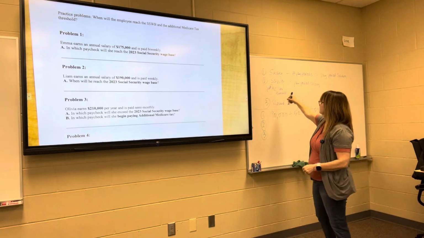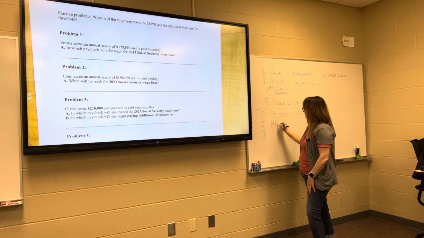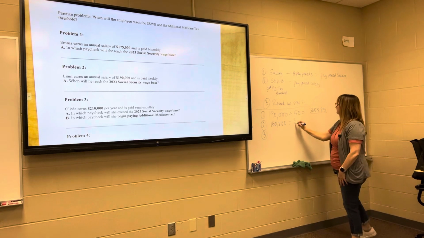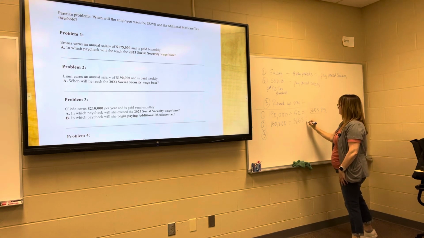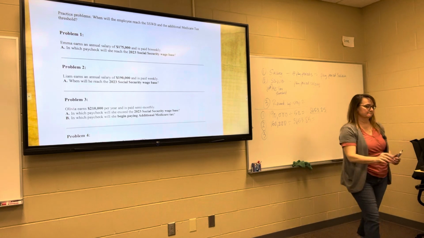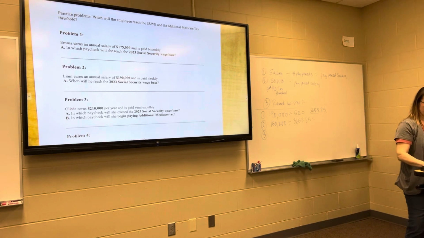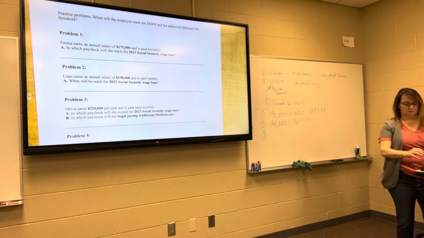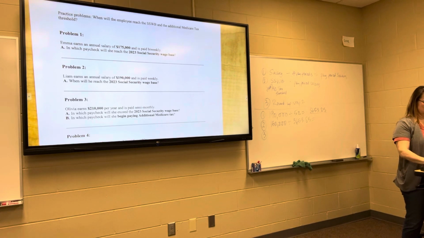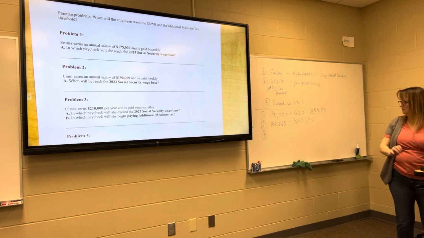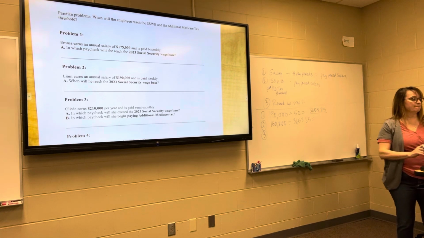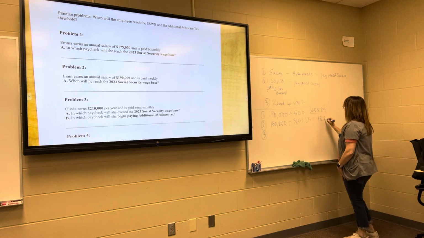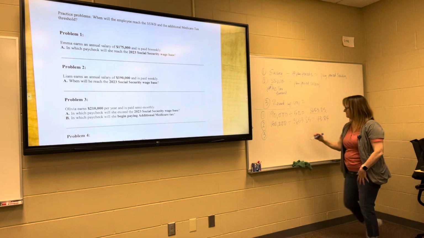Second step, Social Security wage base divided by this number. $43.84. Going to round that up to 44.